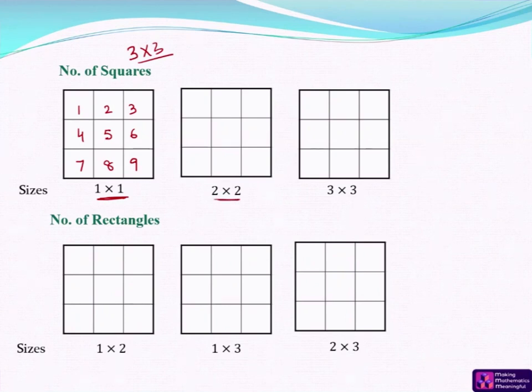Let's count that. This is a 2 cross 2 unit: 1, 2, 3 and 4.